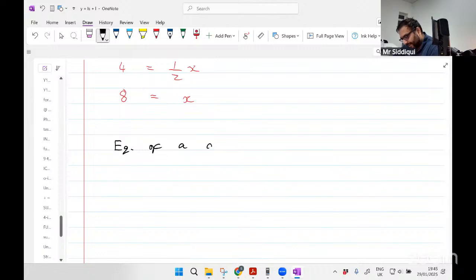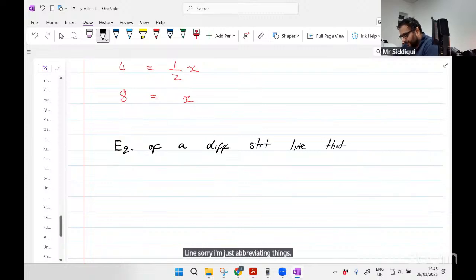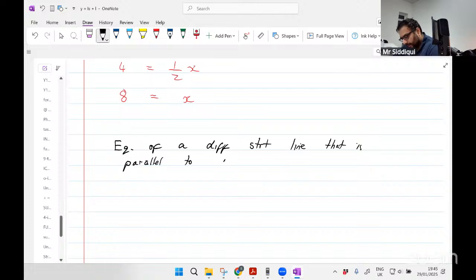Then it says, write down the equation of a different straight line. Sorry, I'm just abbreviating things. That is parallel to y equals a half x plus 1. Parallel, right?